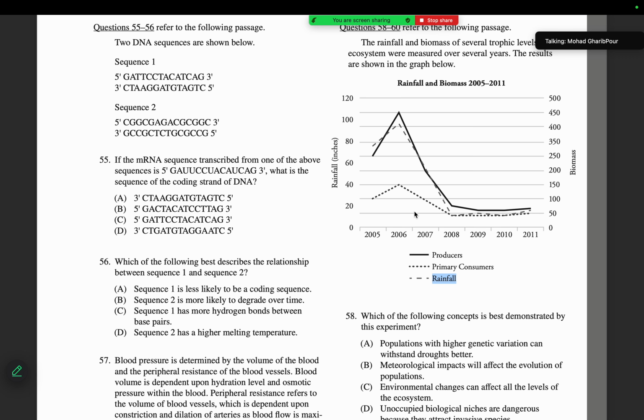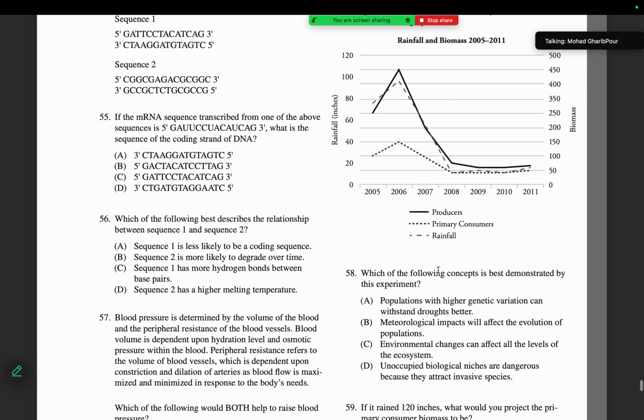Clearly, there is some dependence between all these. So the producers, primary consumers, and all that. You already know primary consumers depend on producers as a source of food. So they're going to depend on each other. But the question is, does rainfall affect producers, which then affect consumers?